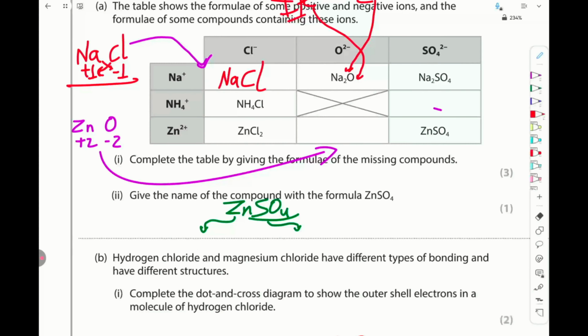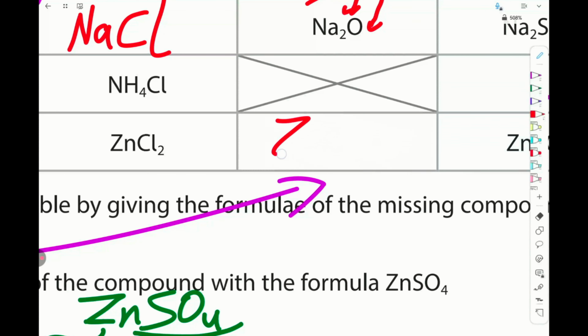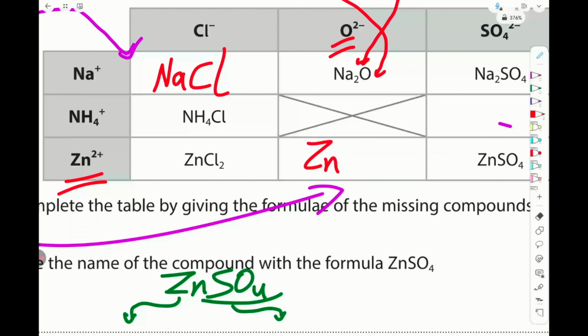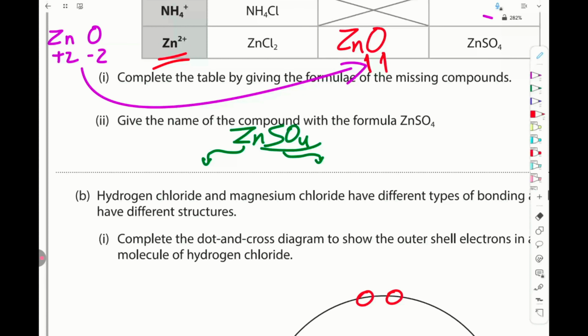Now we take Zn with oxygen. Zn is +2 and oxygen is -2. Again, my friends, when the numbers are equal in the absolute value, we only need to write Zn. Oh, do we need to write here 2 and 2? No, because we ignore both charges and numbers as long as the numbers are equal.